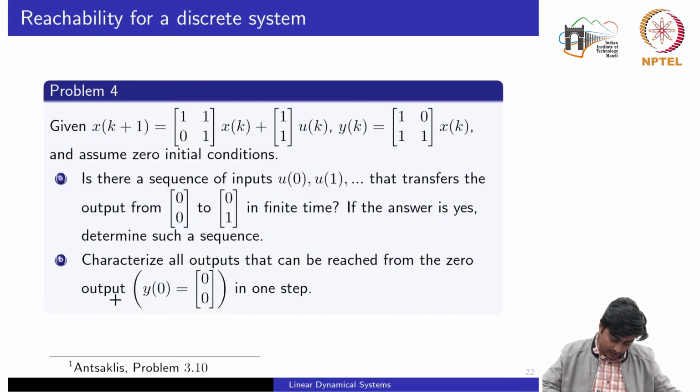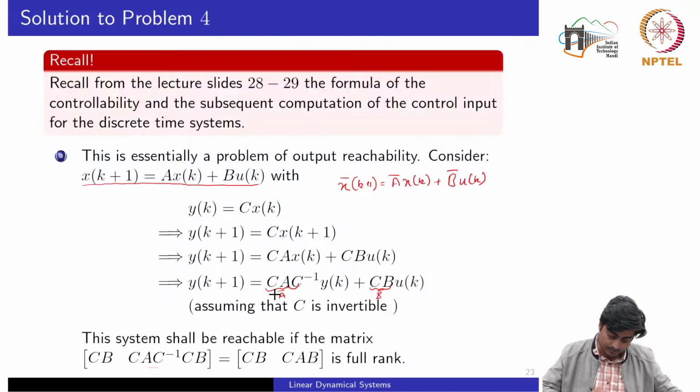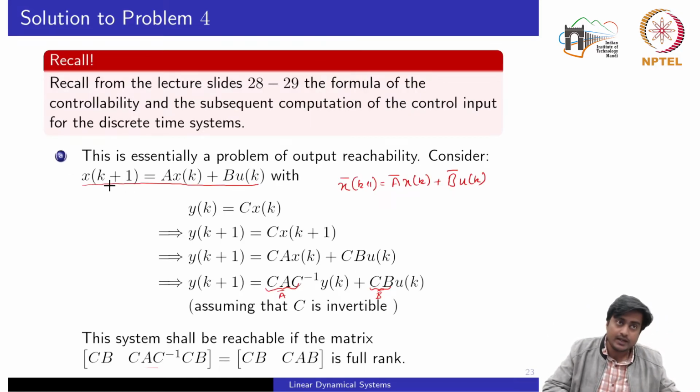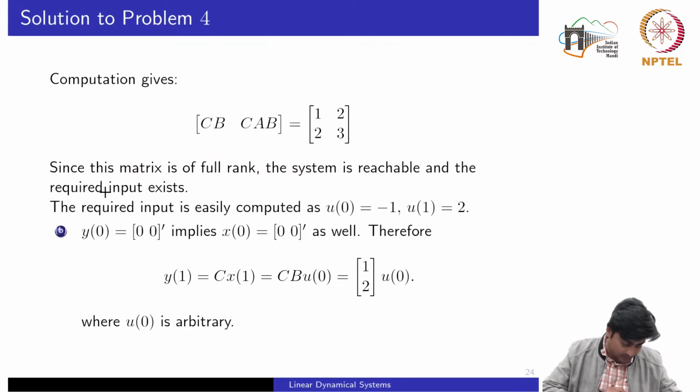If you recall the second part, it asks for the characterization of all outputs that can be reached from the zero output in one step. So y0 being 0 implies that x0 would also be 0. Therefore, to reach in one time step, I would write y1 is equal to C x1, and x1 is given by B u0, because in the state equation I just substitute k equal to 0.